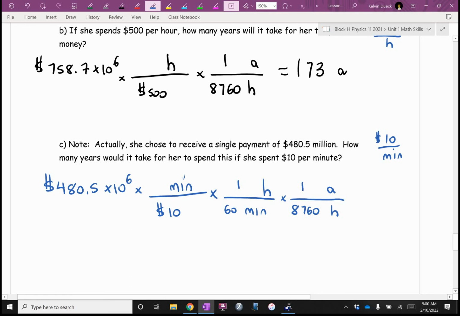Is this one doable? What do you get? Finley, what'd you get? 91? Anybody else? It's Finley. I don't trust him. Truth hurts, but you suspected that. 91?